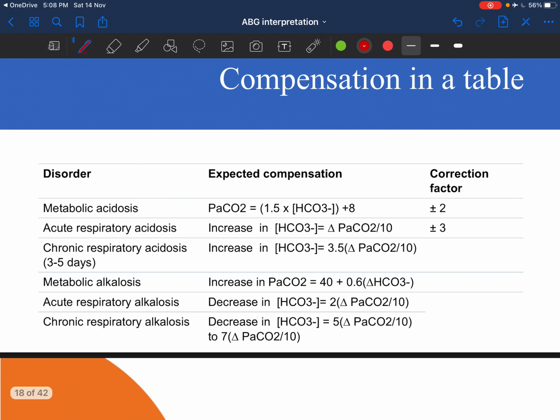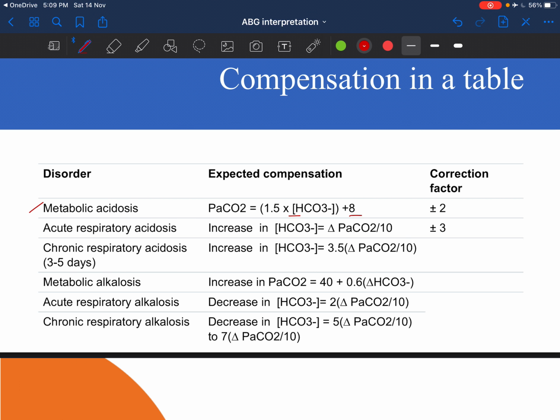So this is a combination of all the compensatory methods that I have put together into one single table. I have not put it together, this is from a reference, but still I thought it will be easier for us to revise it once and for all. So metabolic acidosis, the compensation expected is 1.5 into bicarbonate plus 8.